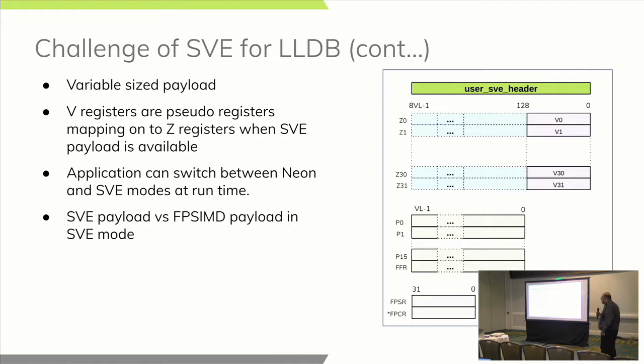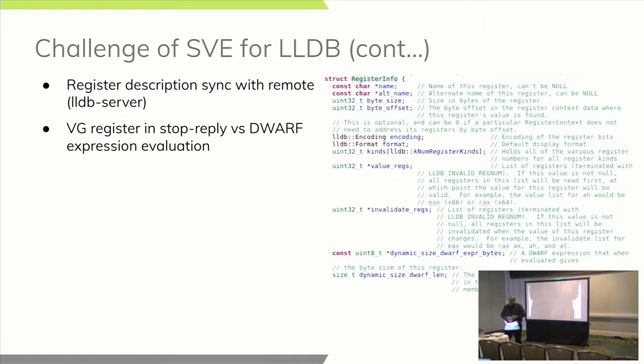So the payload size is configured by reading the information from ptrace, and once that changes, we revert back to the normal AArch64 state or whichever state we are in. So there are lots of minute changes that are required to make this happen.